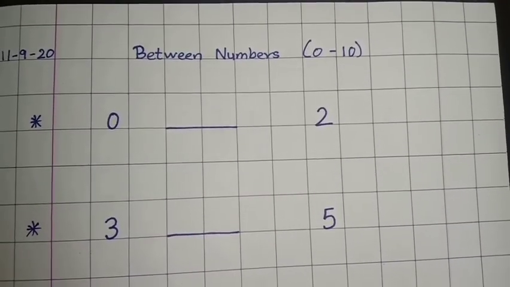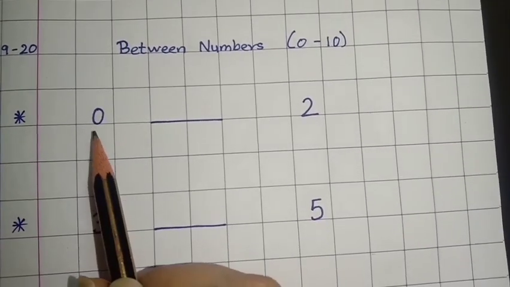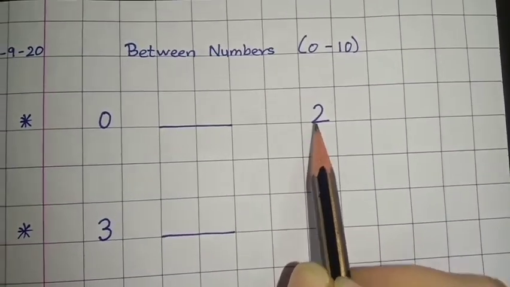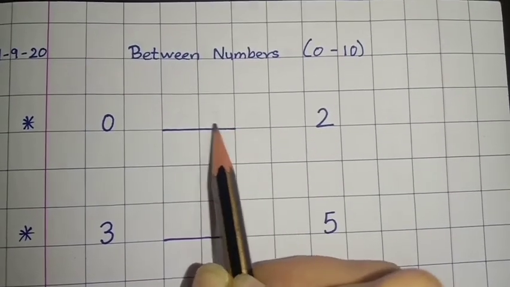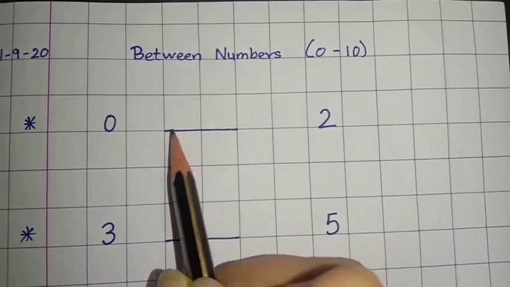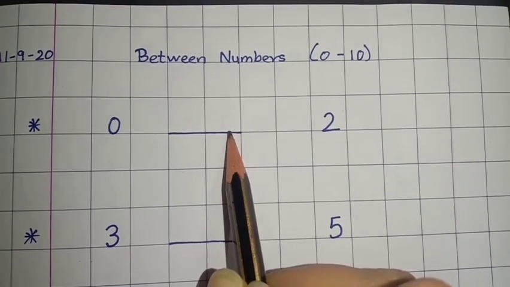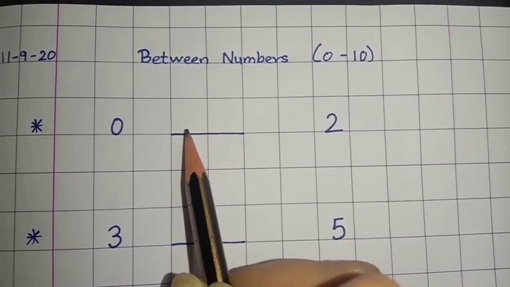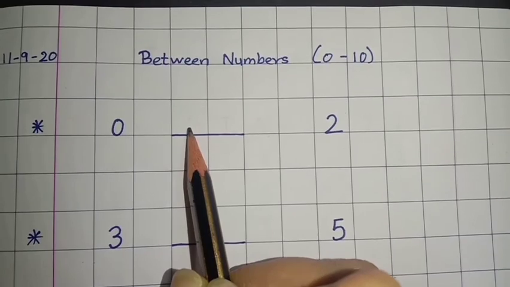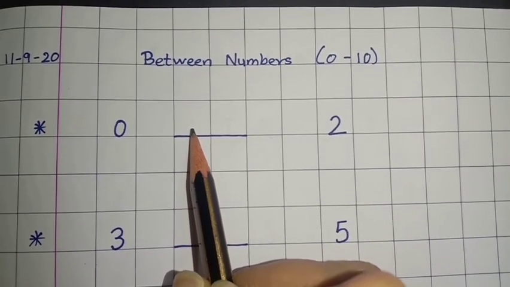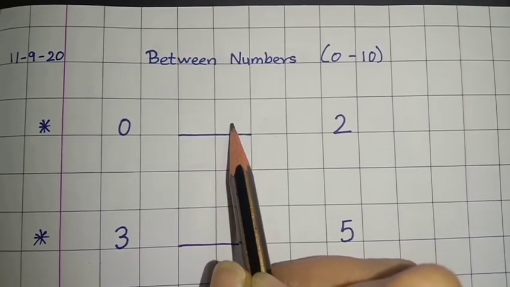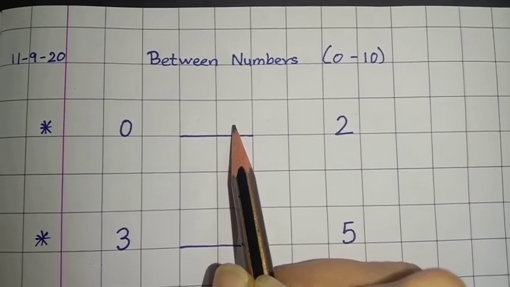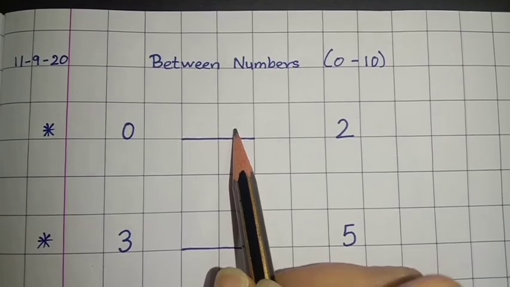As you all can see, I have written numbers over here and I have made an underline in these two boxes because the first box stands for T and T stands for tens, and the second box stands for O and O stands for ones.